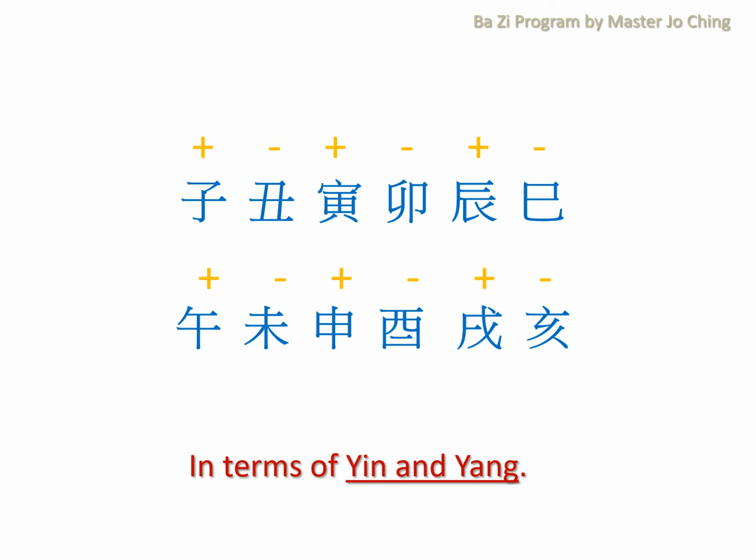In terms of yin and yang, of course, we go by their odd and even positions. We always begin with yang, and yin, and yang, and yin, and yang, and yin. So this is their gender. Every stem or branch has its own yin or yang gender.